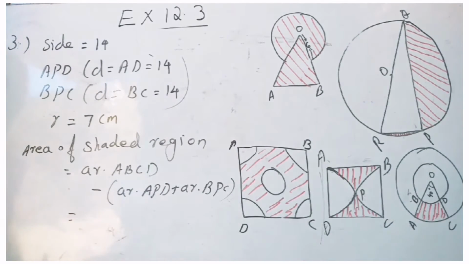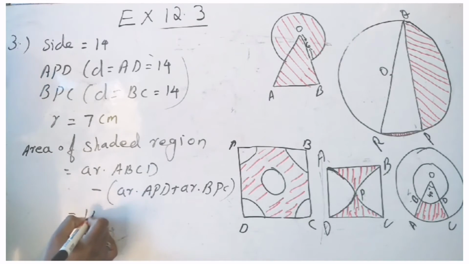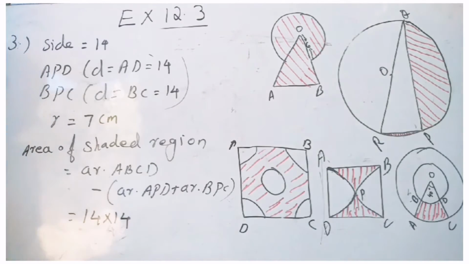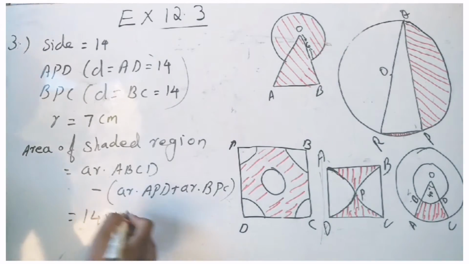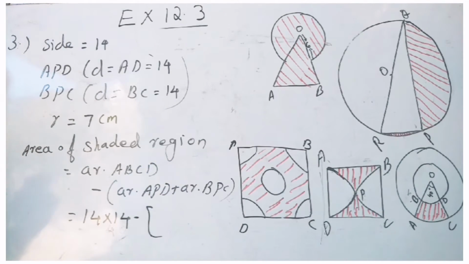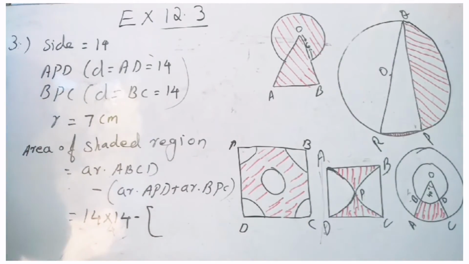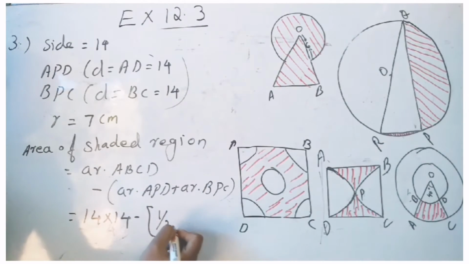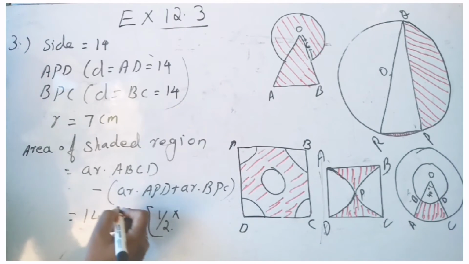That is equal to area of ABCD, that is 14 into 14, side square, that is our formula, minus area of APD, that is a semicircle with radius 7 centimeter. So half into pi r square, that is our formula.